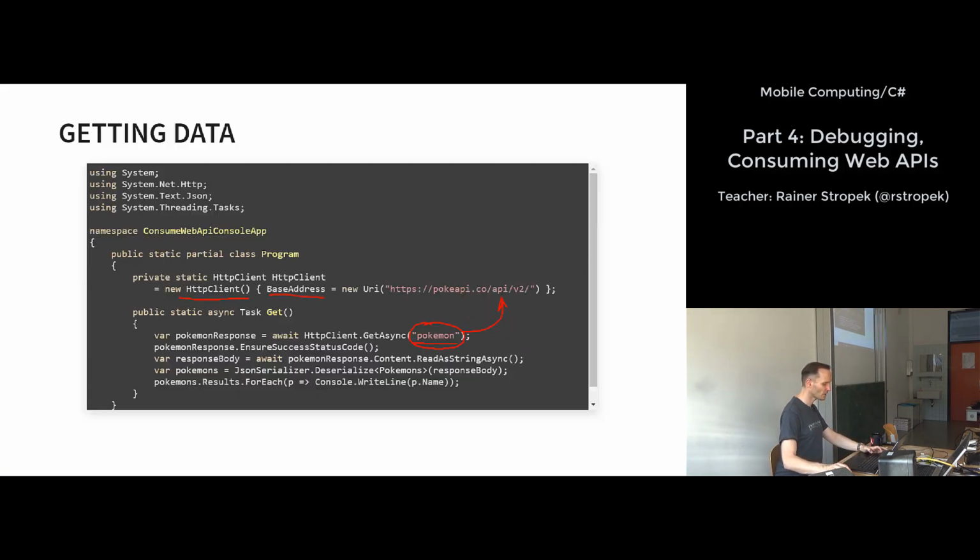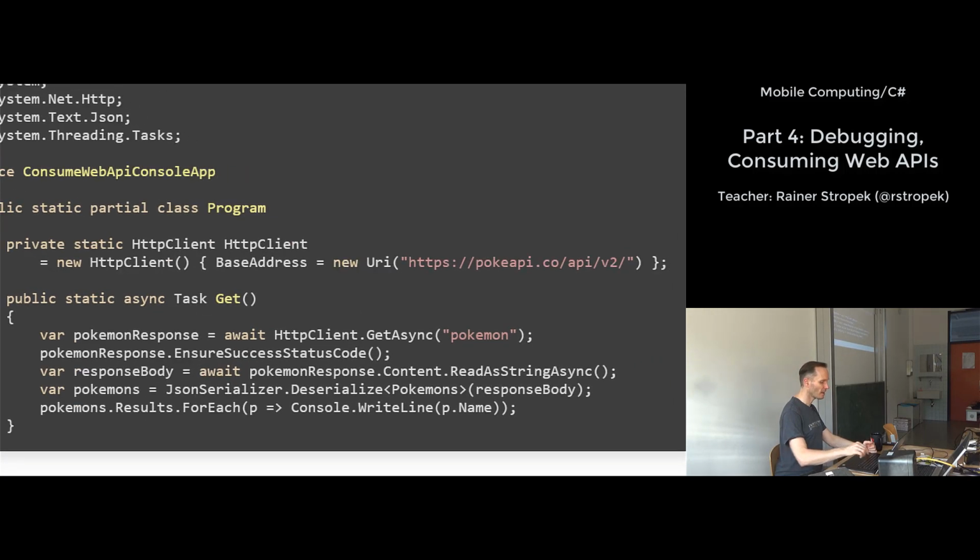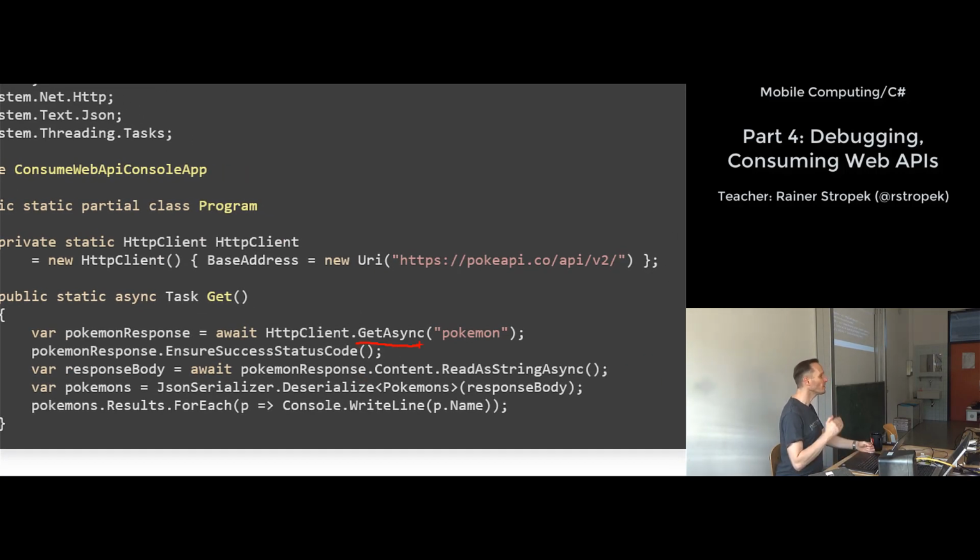So the first thing is creating an HttpClient. The next thing is calling GetAsync. Always use the async method and use await and async and so on. Then you can use the helper method EnsureSuccessStatusCode, and this will throw an exception if the server returned a status code which indicates not success but error. Maybe an internal server error, maybe forbidden, maybe not found.